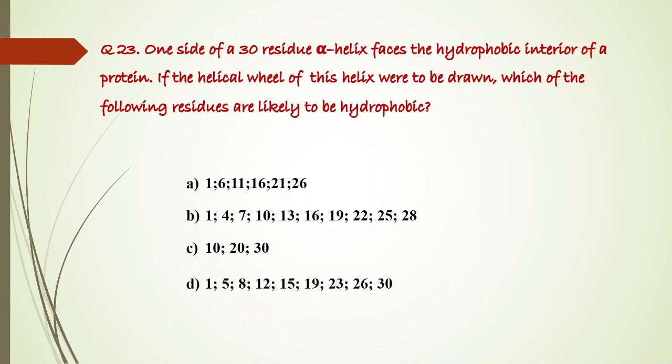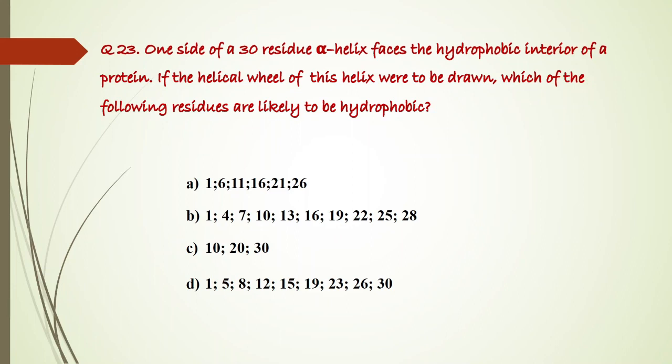For all of you, first I will try to draw the helical wheel, because this kind of question will be very important for your exams and in general understanding as well. First try to draw the helical wheel for 30 residues. Just number it like 1, 2, 3, 4. You do not need to know the exact residues.